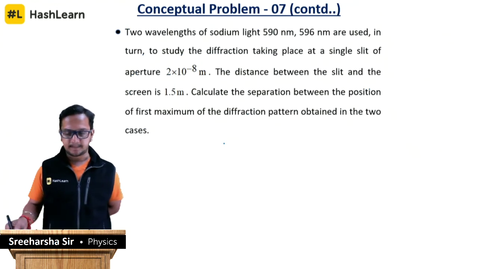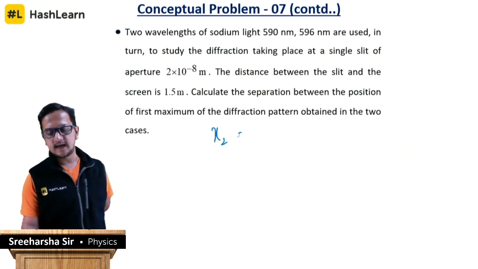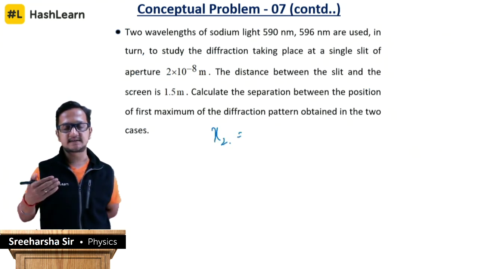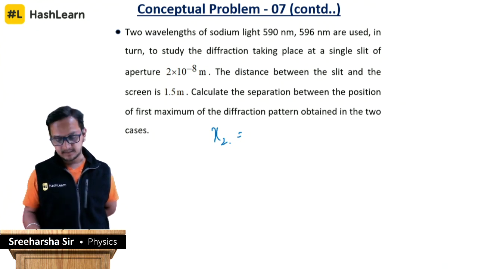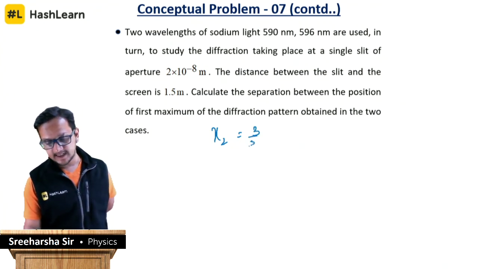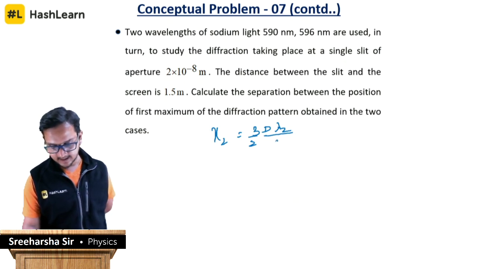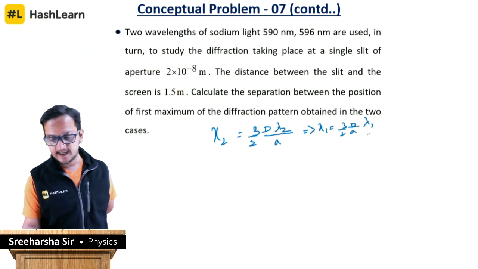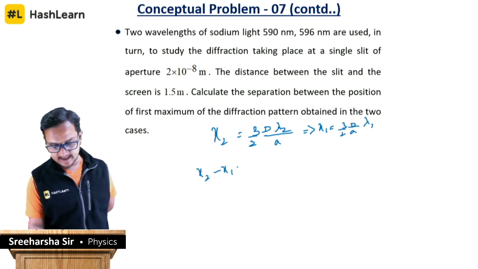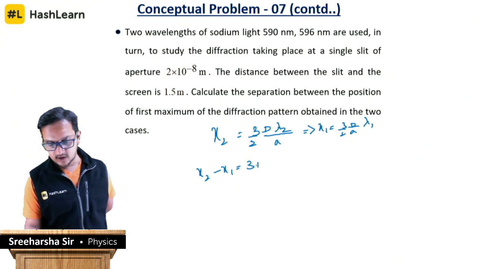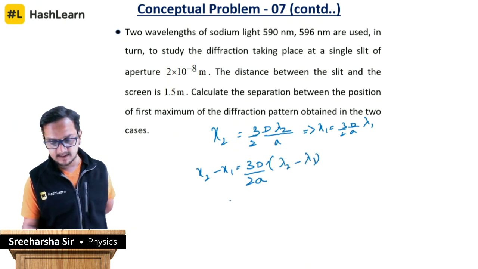So let us say x2 is the distance of the first maxima from the central bright band, which is given by 3 by 2 D lambda 2 by a. So x1 will also be similar: 3 by 2 D by a into lambda 1. So x2 minus x1, you can take out 3D by 2a as constant, and you'll have lambda 2 minus lambda 1.